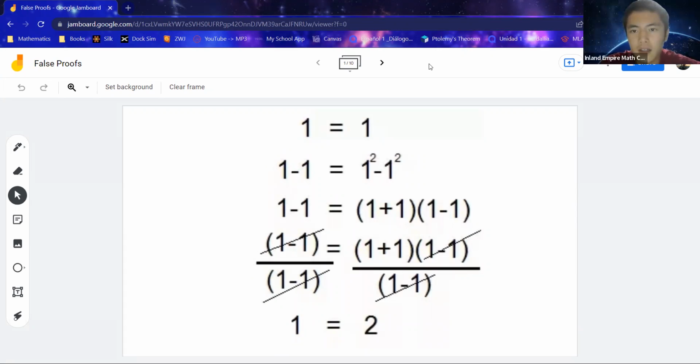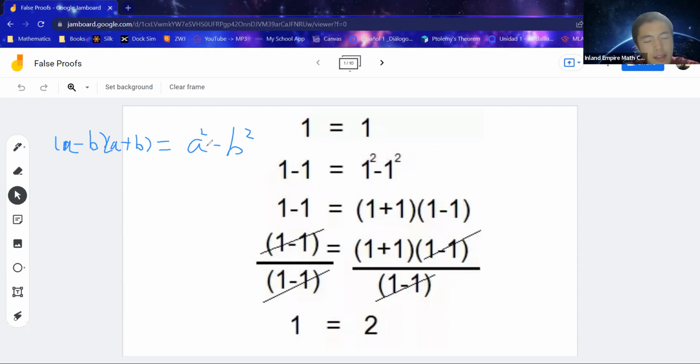Okay, so that's fine. So basically, when you have a minus b times a plus b, if you use the distributive property, you would get a squared minus b squared.